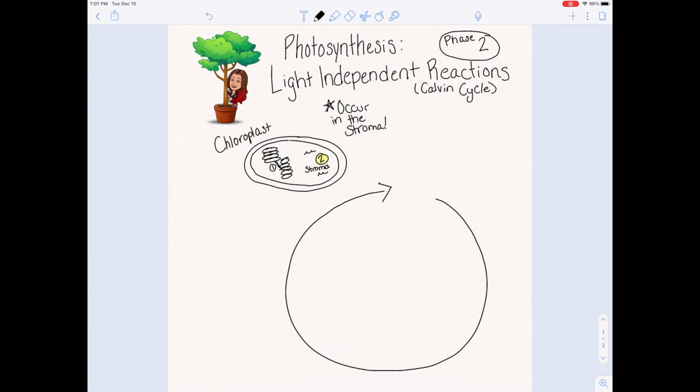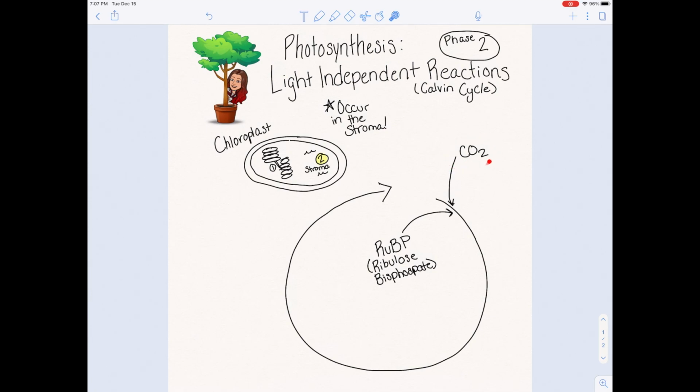So to start off this cycle, we need carbon dioxide, and we need another molecule that is conveniently already in the stroma, and we abbreviate it RUBP. That stands for ribulose bisphosphate.